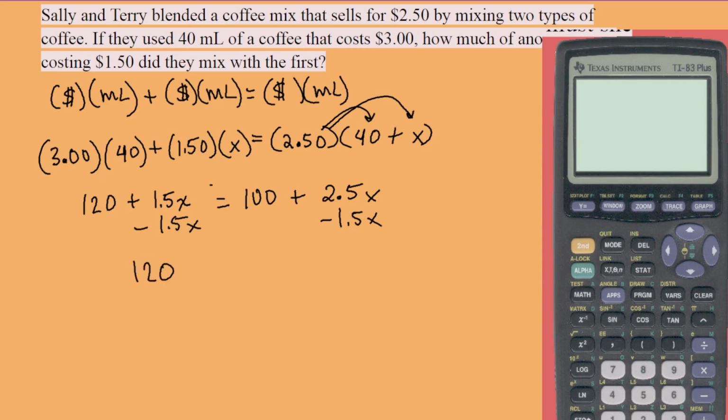We get 120 equals 100 plus 2.5 minus 1.5, that's a difference of 1, or just x. Then subtract 100, and you get x equals 20. So x represented the amount of milliliters of the coffee that cost $1.50.